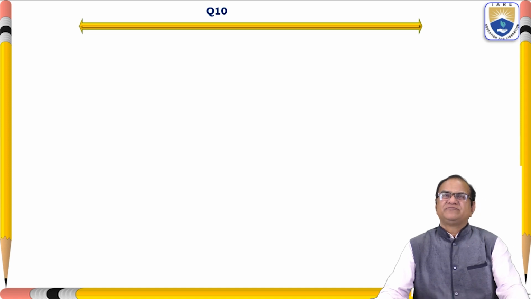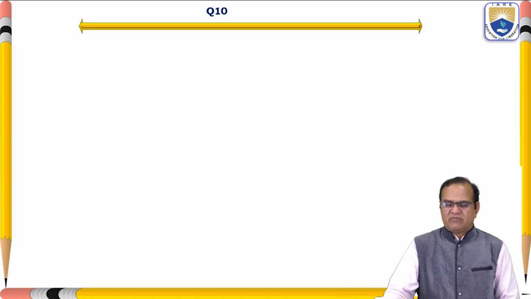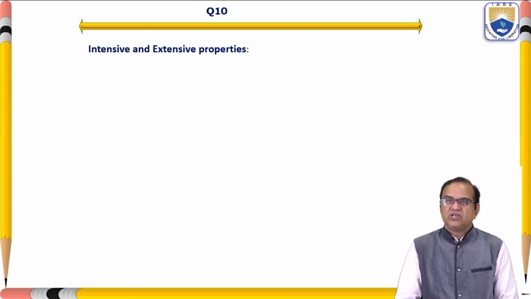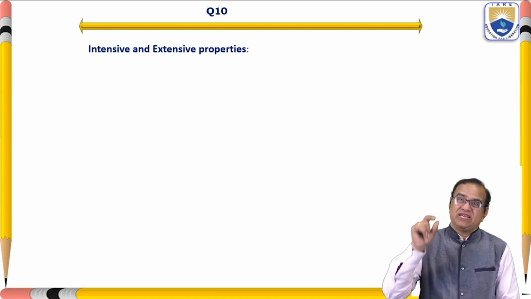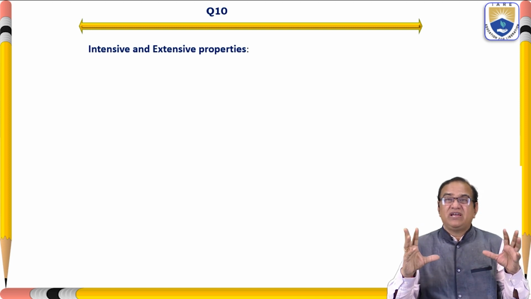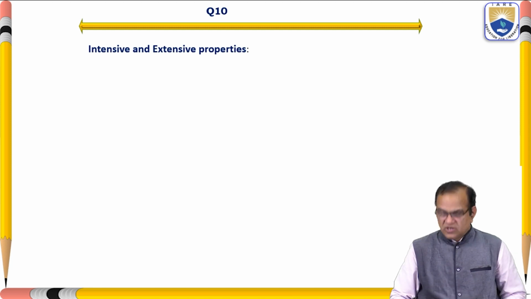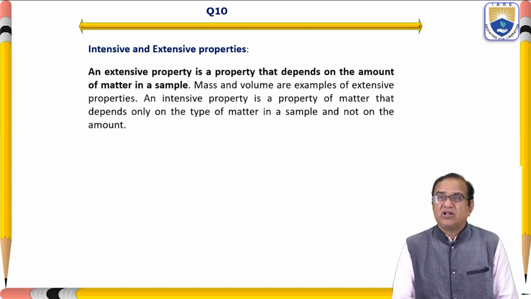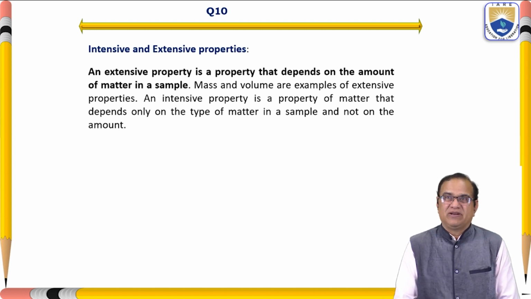Now I will go for the next question, question number 10. This is about intensive and extensive properties. You know that properties have specific state points in a PV and TS diagram, and they have perfect differentiation. An extensive property is a property that depends on the amount of matter in a sample. Mass and volume are examples of extensive properties.